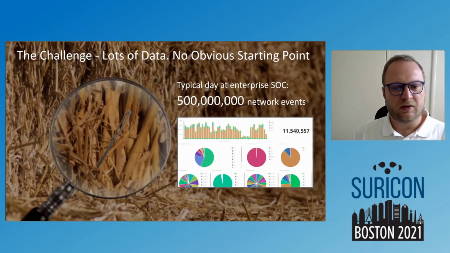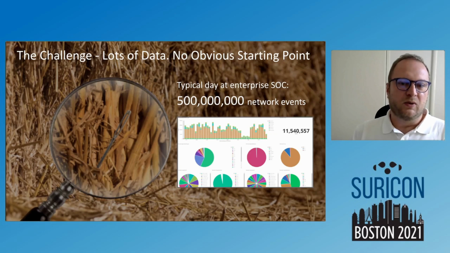So what is the challenge that we are going to try to cover here in the rest of the presentation? In the typical enterprise, you can have something like 10 million alerts per day and 500 million network events, maybe more. So this is really a problem about getting a lot of data and trying to focus on what does really matter to you, what are really the threats on the network.